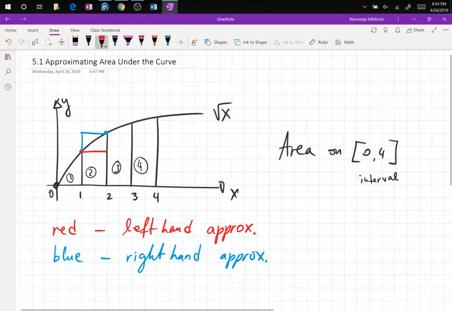So I have left hand approximation and right hand approximation.